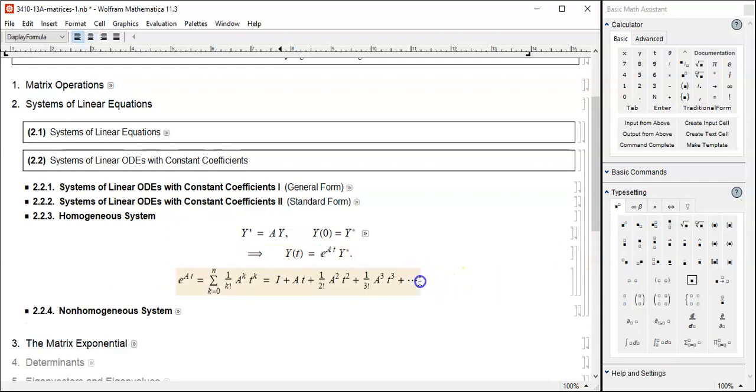How do we do that? We use the Taylor-Maclaurin expansion like this to define it. Now, look at this. This is the typical Taylor-Maclaurin expansion of the exponential function, except that this capital A is a matrix. And then look at this expression. We have repeated matrix multiplication, but matrix multiplication is well defined.